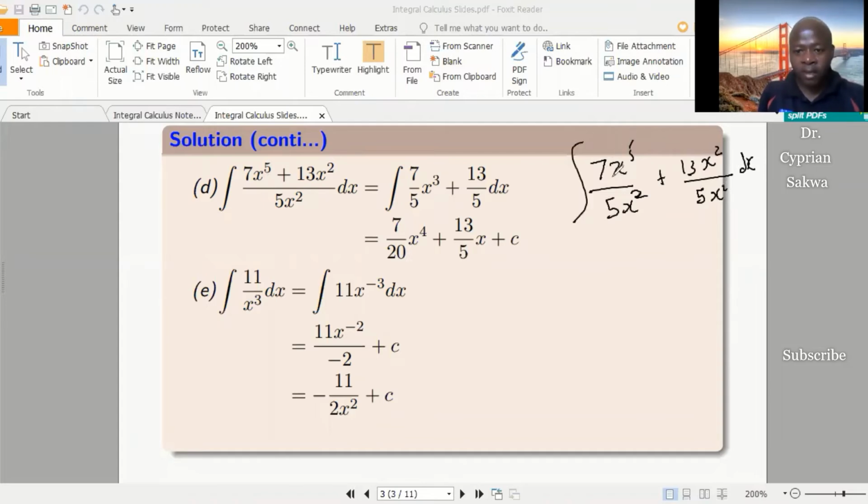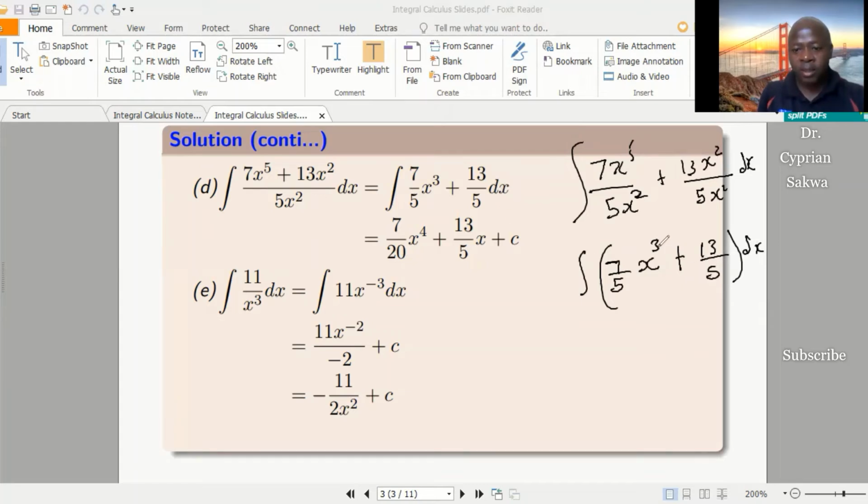When I divide this, what I would get is 7 out of 5 x raised to 3 plus 13 out of 5. These are constants, then dx. So this is what I have to integrate, and this is what you're seeing here, 7 out of 5 x raised to 3 plus 13 out of 5, then dx.